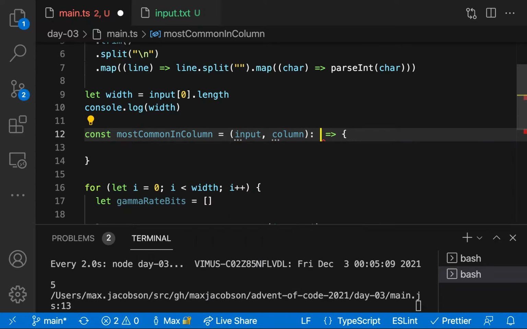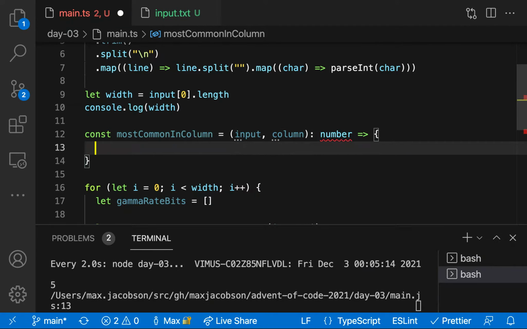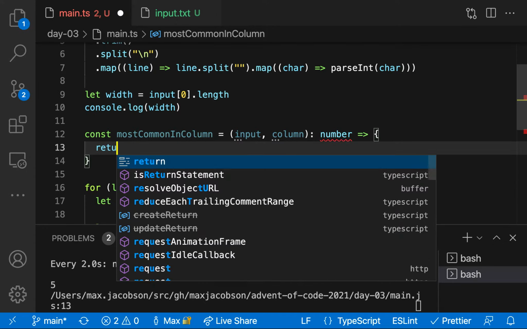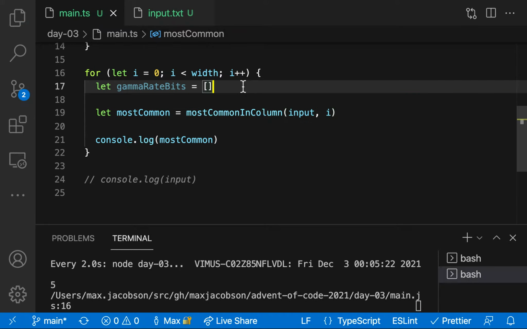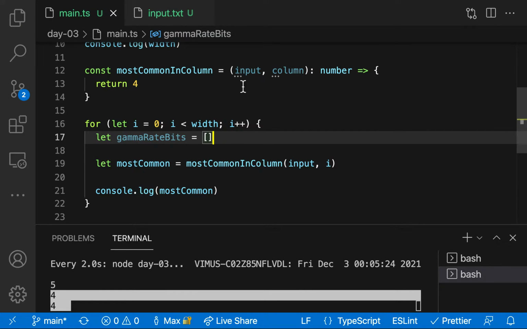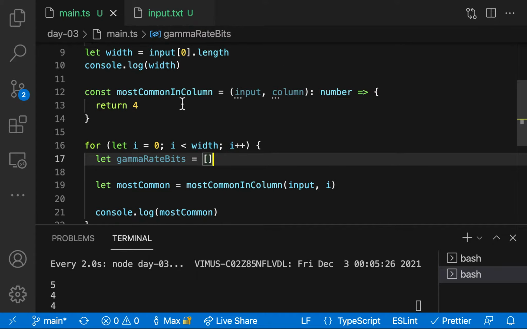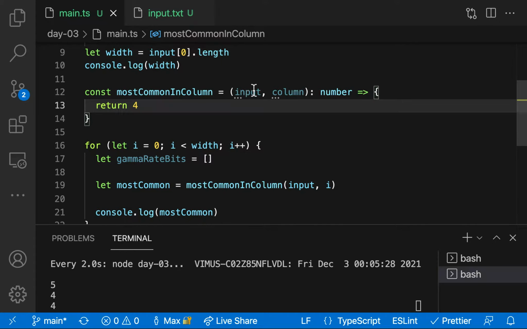Returns, I guess 0 or 1, or I don't know, I'll just say number, it's easier. Return. So this is actually in column. And I guess this is, okay, sure.